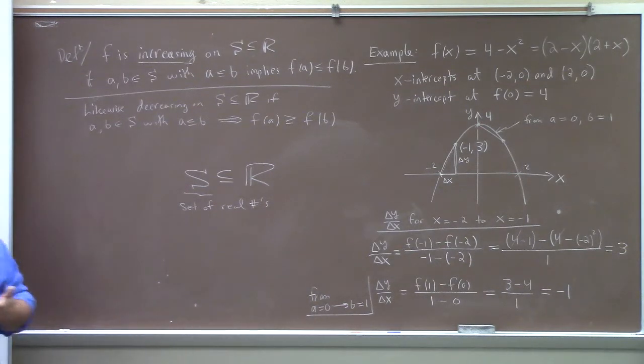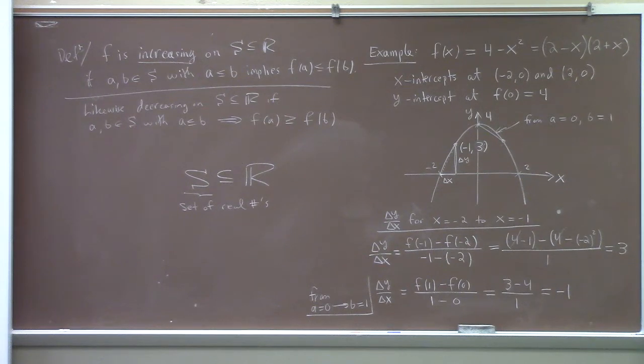We can define increasing and decreasing for whatever set of real numbers you like. It's most natural when the set is connected in the sense that it's an interval. It's an open ray, a closed ray, a half open, half closed interval, a closed interval, an open interval. One of those nine interesting examples we started with. It's most interesting there. But you can define increasing for a subset like this.